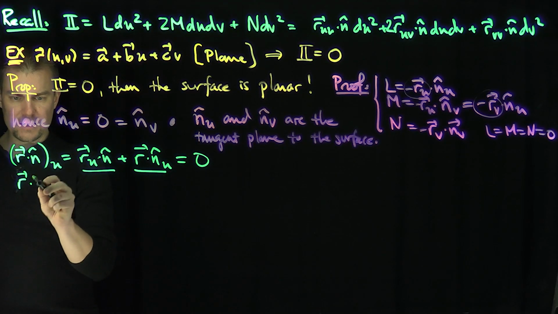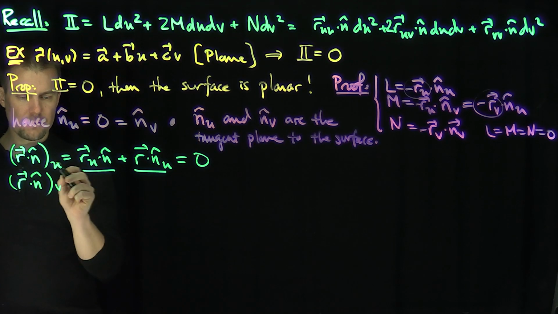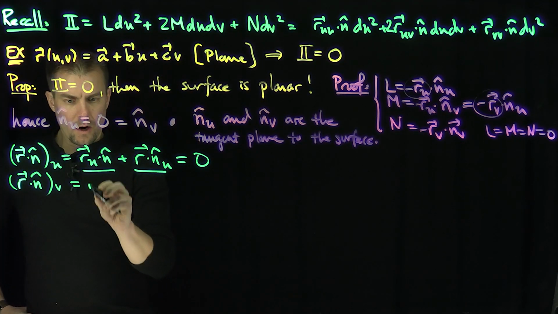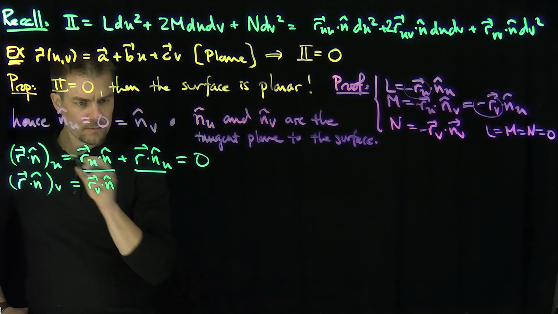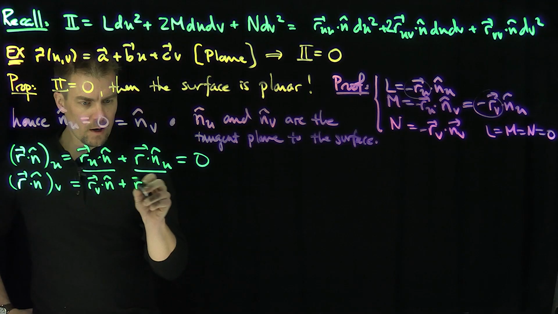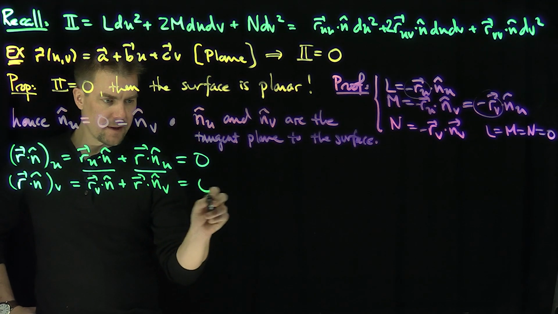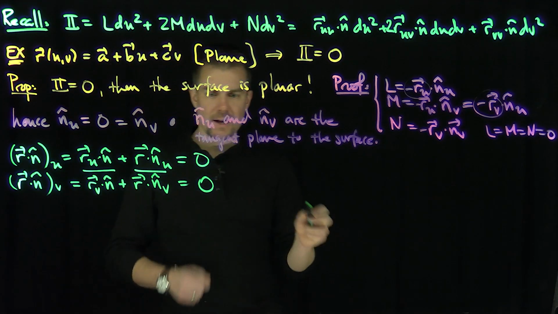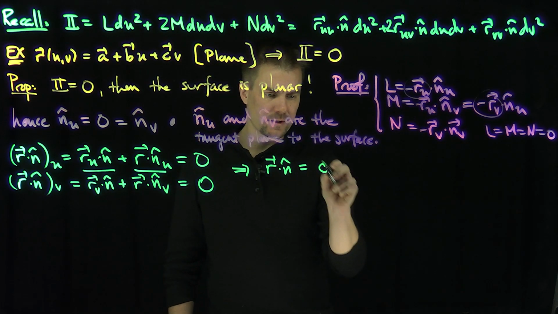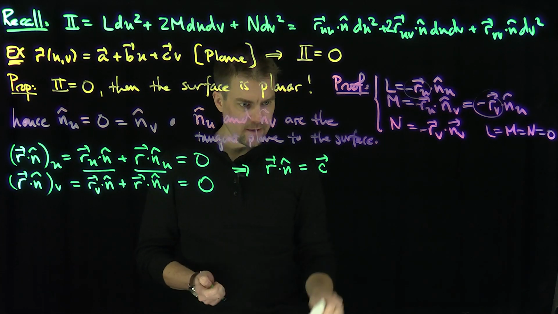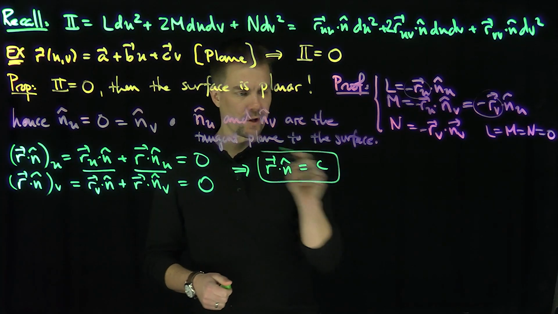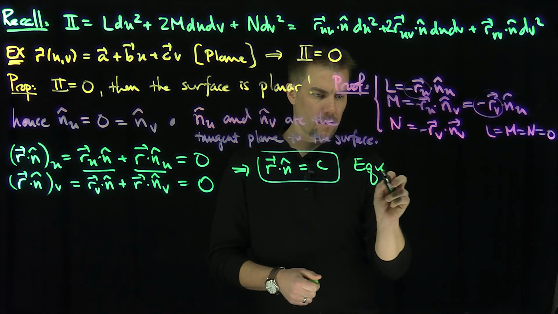But similarly, the v derivative is r_v dot n hat plus r dot n hat_v, which is also 0. So r dot n hat is a constant c, a scalar, and therefore that's the equation of a plane.